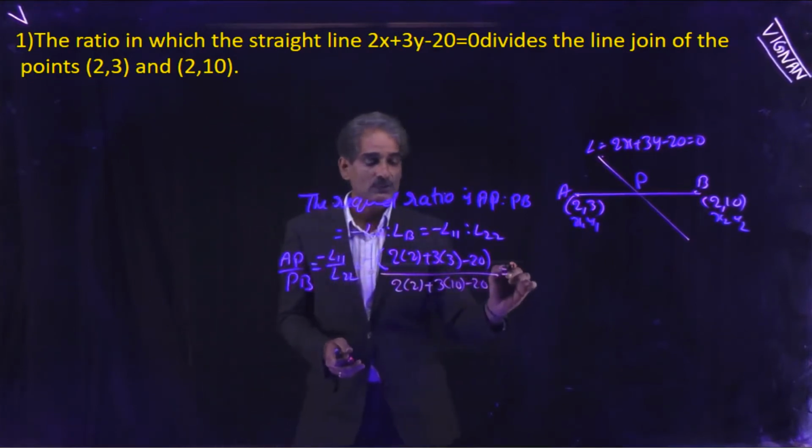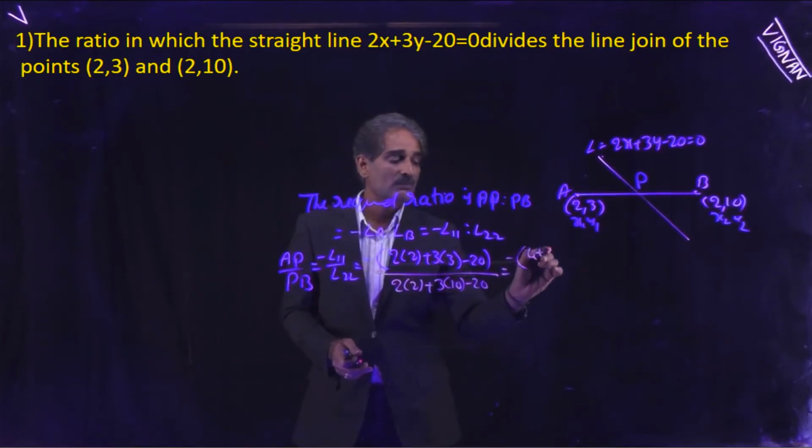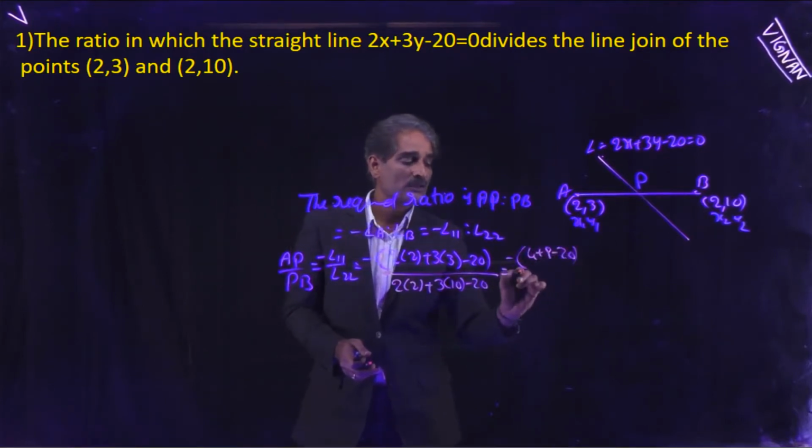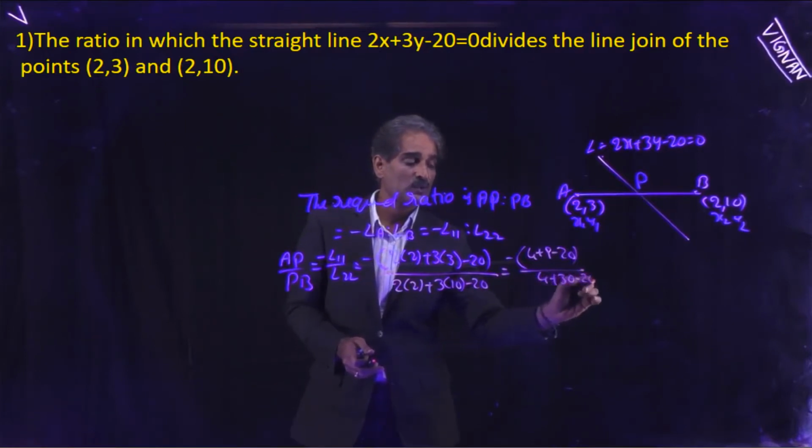So that is equal to minus of (4 plus 9 minus 20) whole divided by (4 plus 30 minus 20).